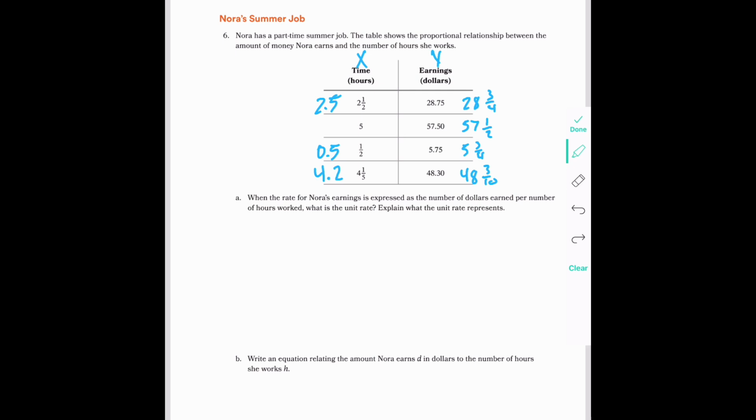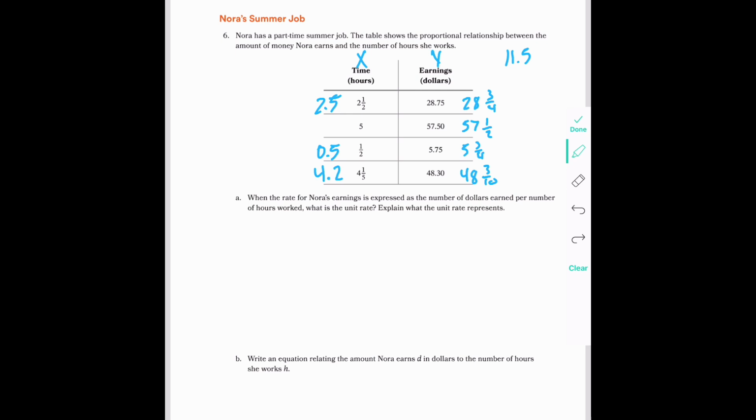So if I divide 28.75 by 2.5, I get 11.5. All right, so $11.50, ideally, since we're talking about money. But let me make sure that I get that answer at least 2 more times.